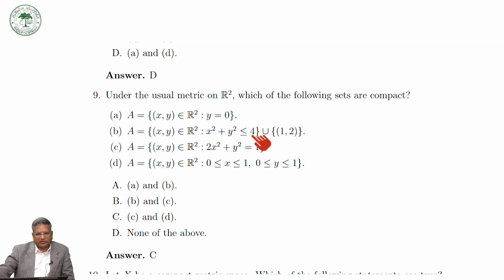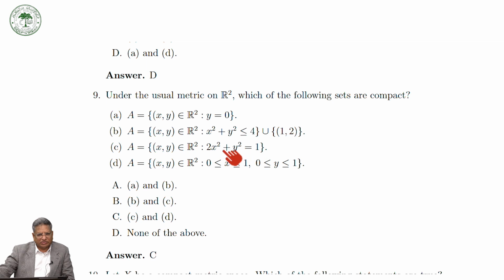And this set is closed, and it is also bounded. But for this other set, the whole set is not a closed set, since this is the boundary of a set.